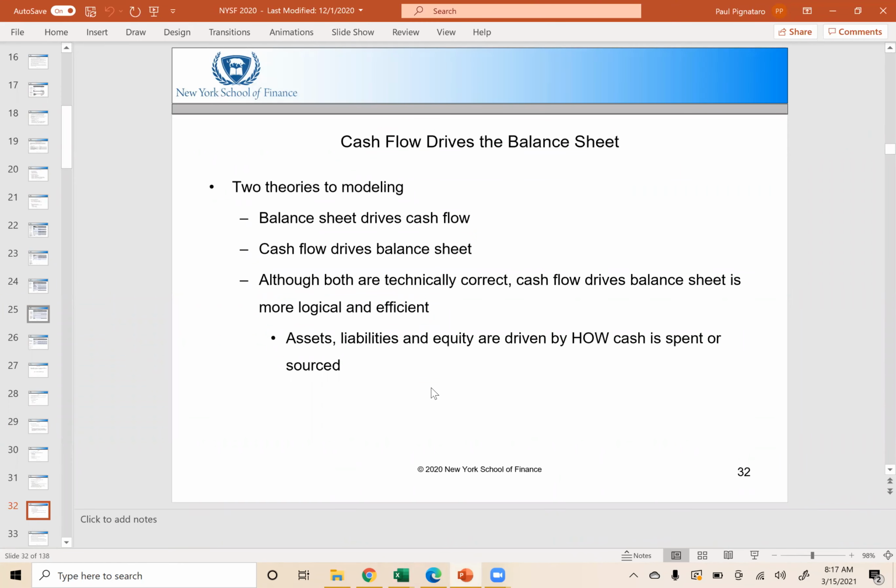Right now, our model is going to be built in such a way that the cash flow drives the balance sheet. Why is that important? Because models can be built in two different ways.